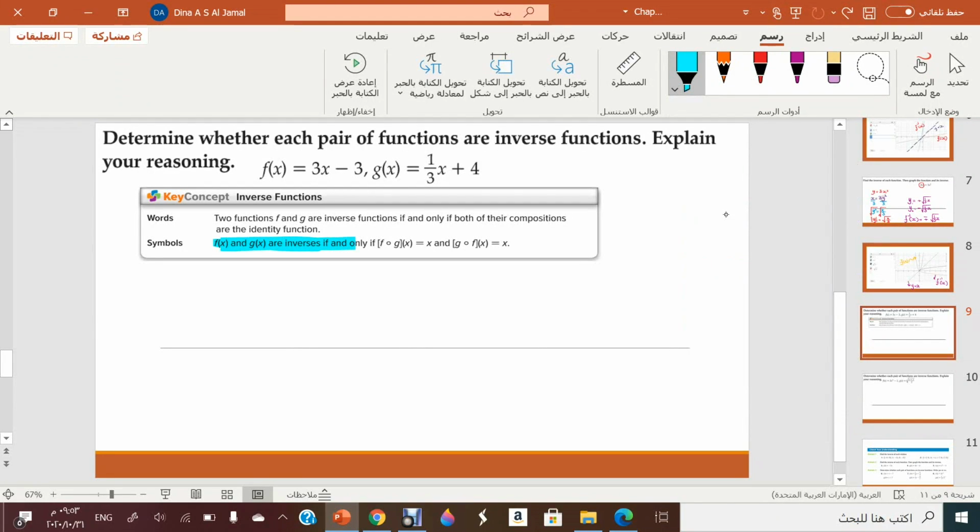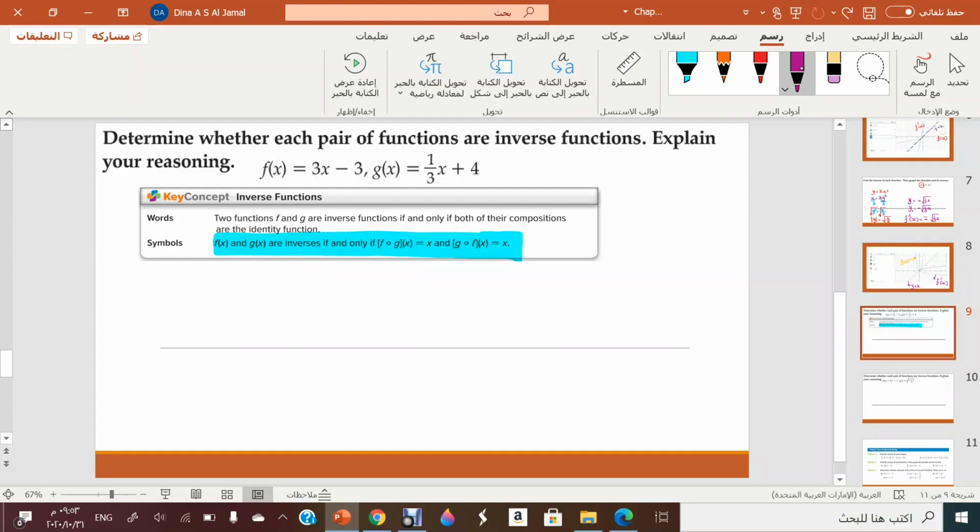Two functions are inverses if and only if you find the composition of each of them and it is equal to x. If you need more help with compositions, please refer to my previous video, operations on functions, and you will see how to do the composition.